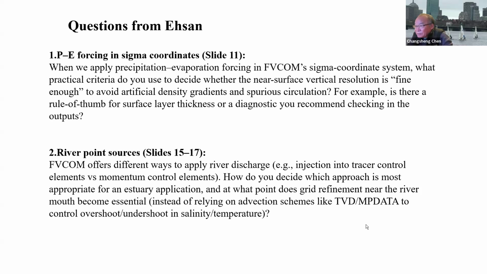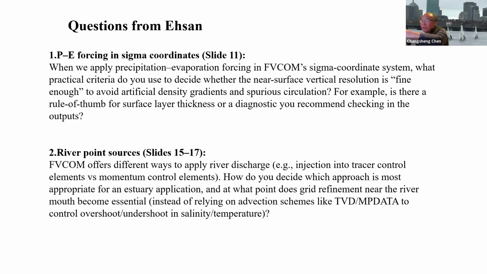MP data. You will see water point when the grid refinement near the river becomes central. I think it's mostly just the grid resolution. You don't necessarily need to include all the river, but most of the grid refinement should be done by the river discharge side.